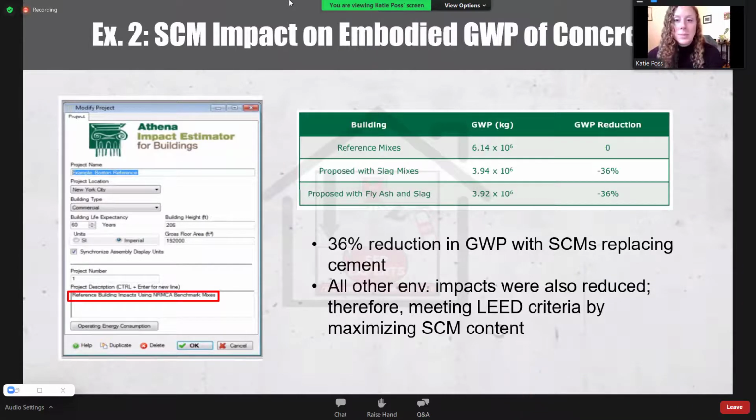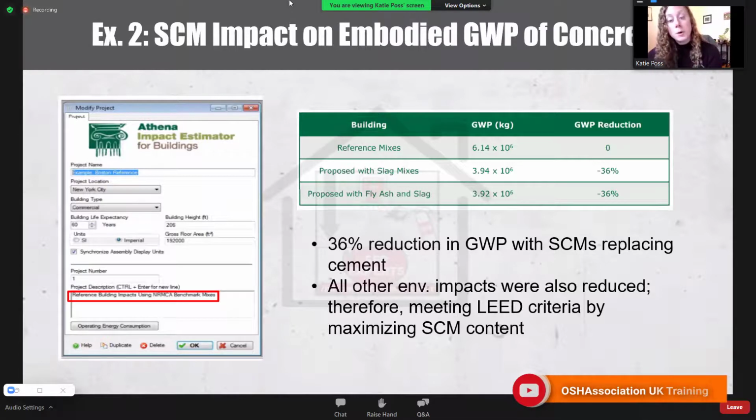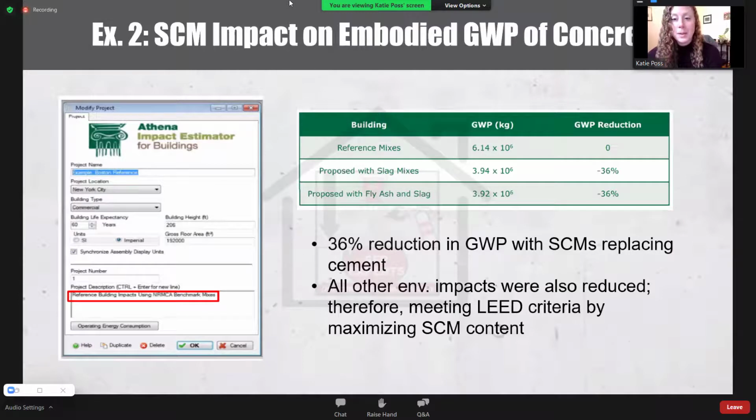The results in this example indicated that the reference building has a GWP for concrete of 6.14 million kilograms of carbon dioxide equivalent, while the proposed building has a GWP of roughly 3.92 million kilograms of carbon dioxide equivalent, meaning that the higher volumes of fly ash and slag resulted in a 36% lower GWP for the concrete scope.